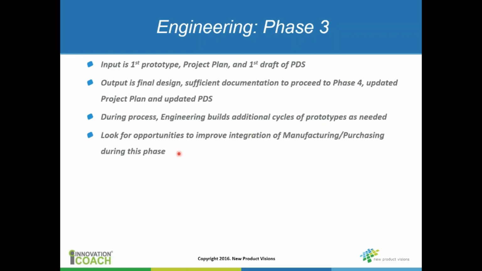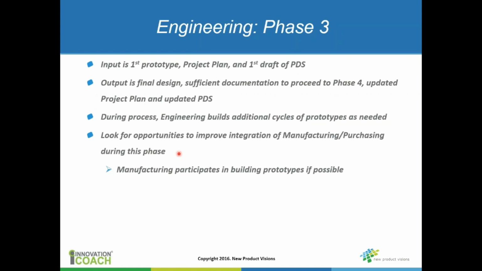In this phase, you're going to look for opportunities to integrate manufacturing into the process. Manufacturing might even actually build the prototypes. Now, this assumes that it's a product development. If this is a process development, say in a chemical company or whatever, then this engineering phase is really about process development.